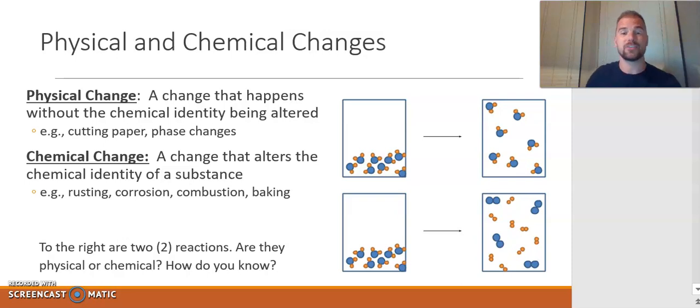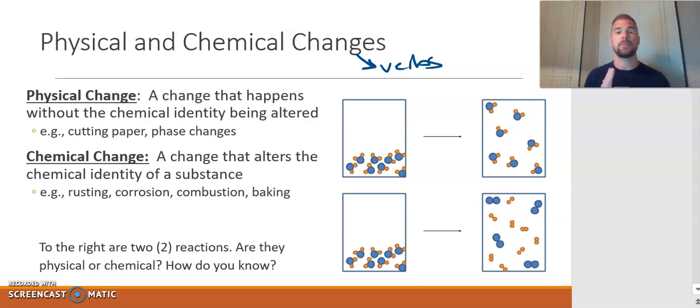Now we get into physical and chemical changes, which, if I'm going to use my English analogy, the changes are like your verbs. So before, we were just describing matter. We weren't actually saying anything was happening. Now you have changes. A physical change is a change that happens without the chemical identity being altered. For example, cutting paper.